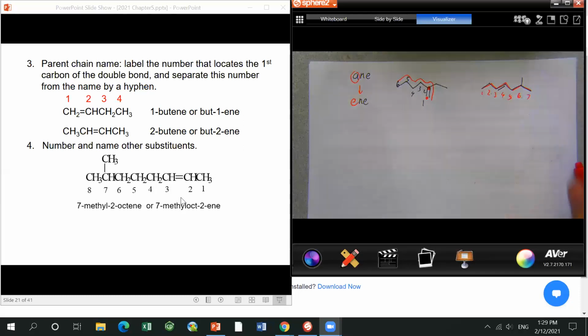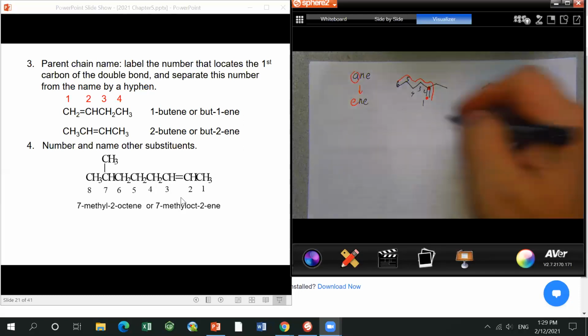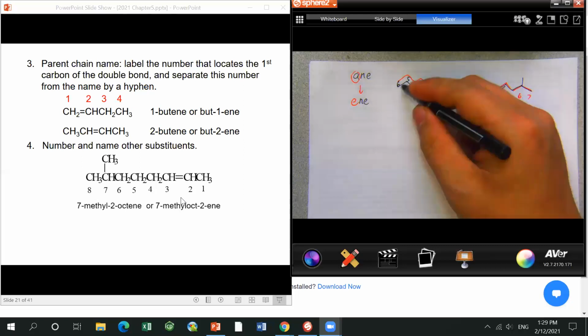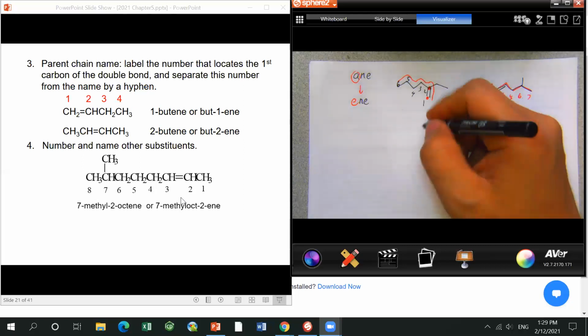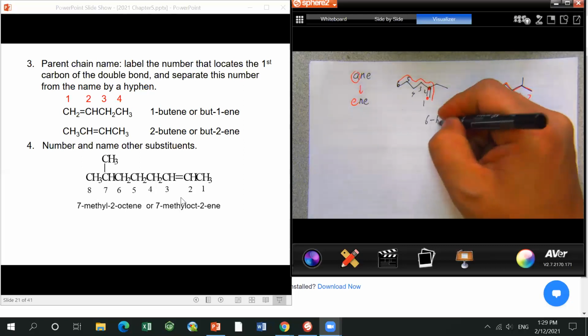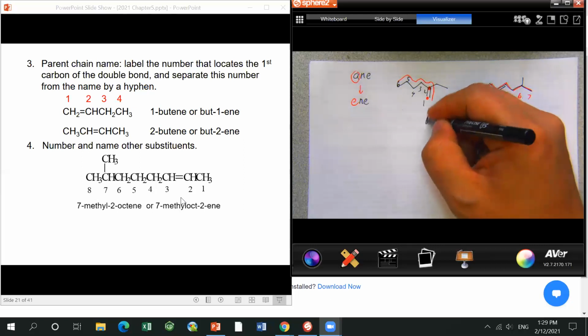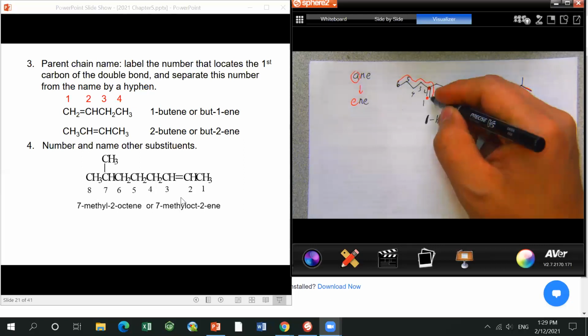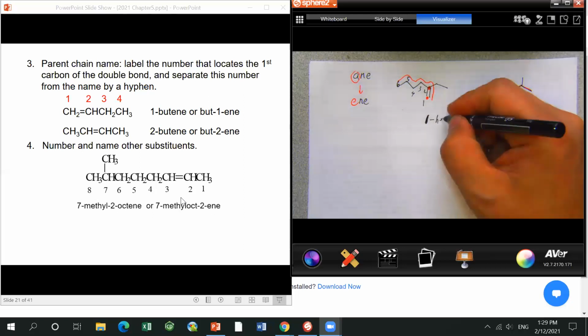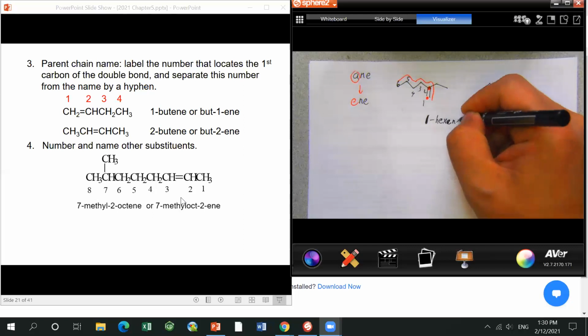One more example I will show, and then you try to name another molecule on the right. This one has 6 carbons, so it should be 1-hexene, where 1 is the location number for the C=C double bond, the ENE.